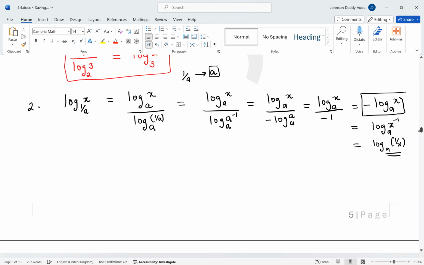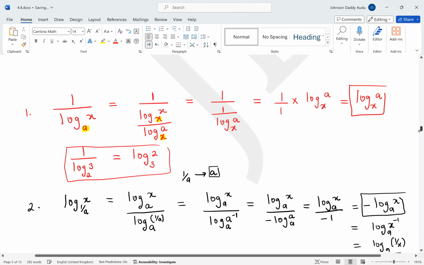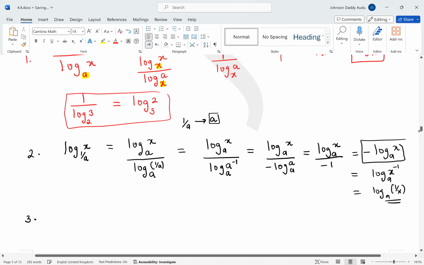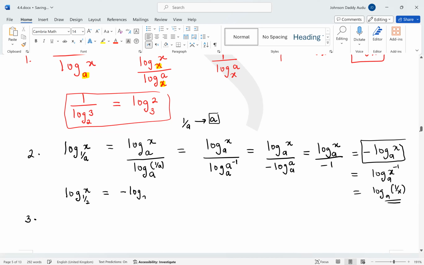All right. So let's look at the third one. The third one is just the generalization of the second one. So here, let me just give you a typical example. If you have log to base half of x, based on what we've written now, this is the same thing as minus log to base 2 of x.